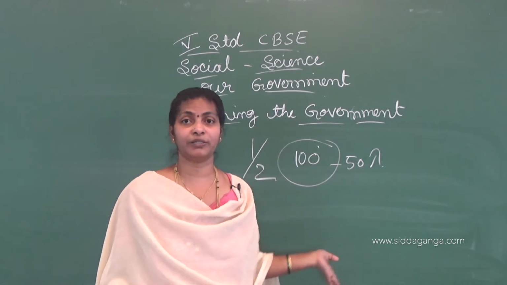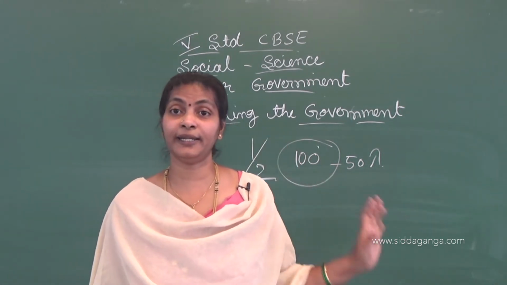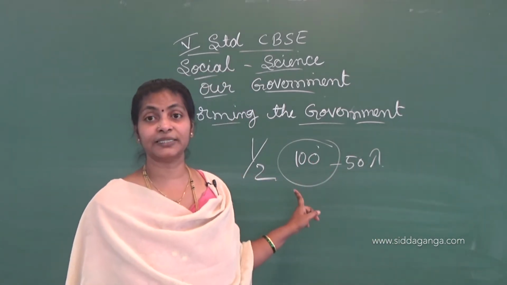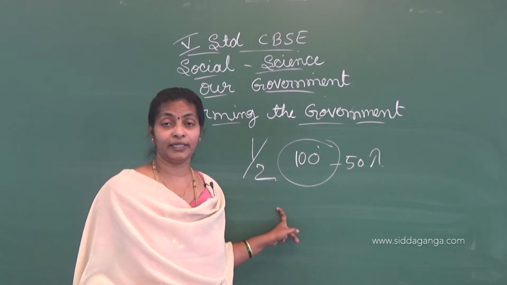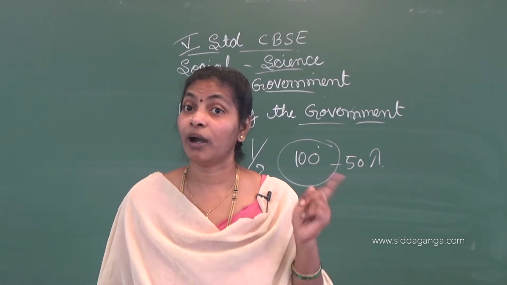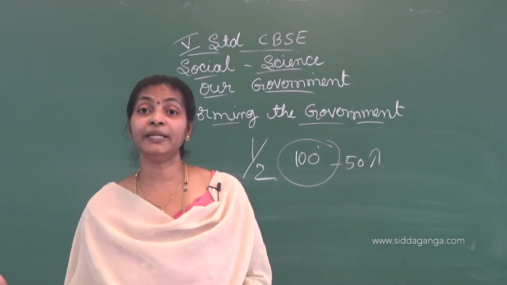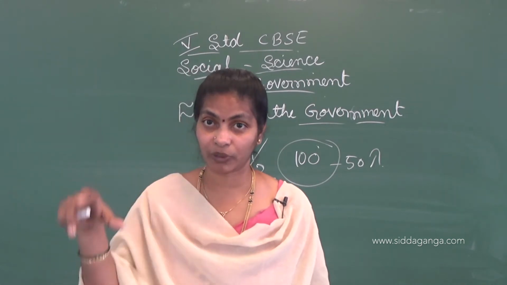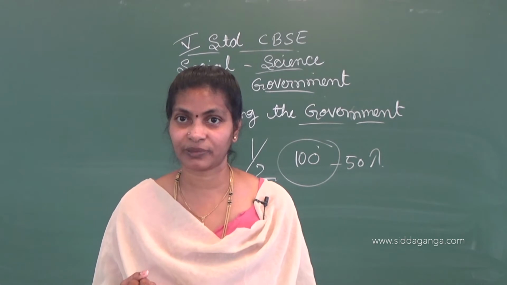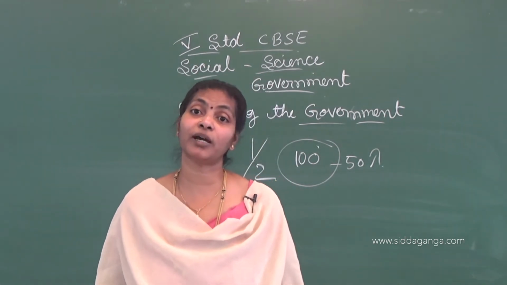But if no party gets more than half, then many parties combine together, ally themselves, and form their own government.